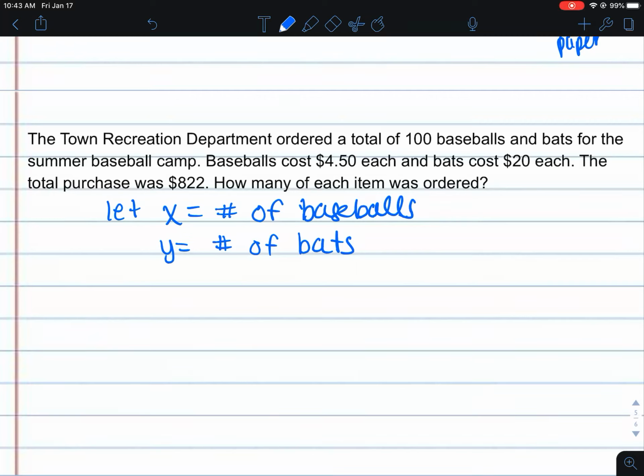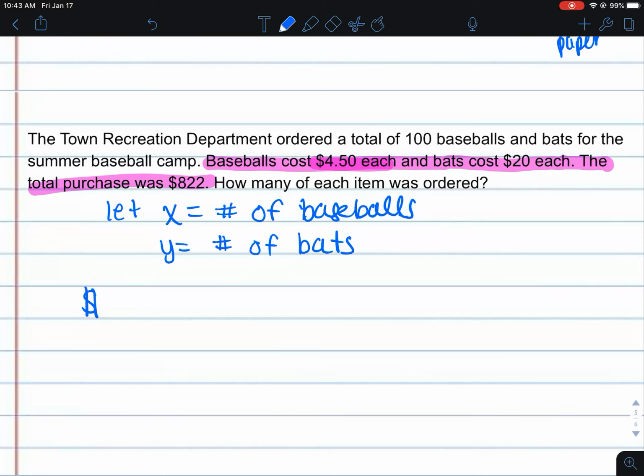So the first situation is the money equation. That's our first scenario. We're going to put all the money in the same scenario. So it cost $4.50 for baseballs, $20 for the bats, and the total purchase was $822.